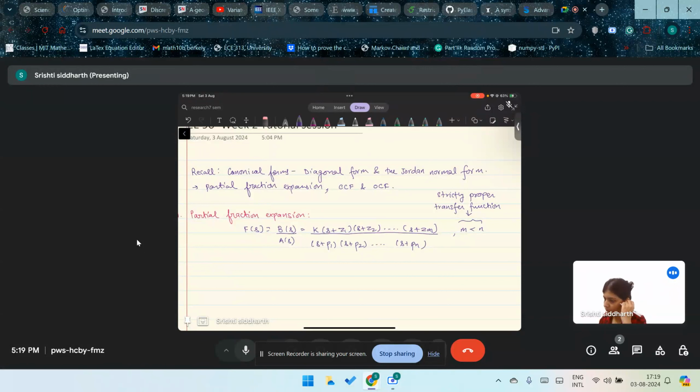So the partial fraction expansion for distinct poles: we have that F of s can be written as c1 upon s plus p1, plus c2 upon s plus p2, all up to cn upon s plus pn.